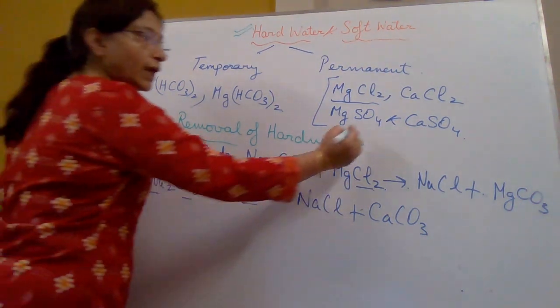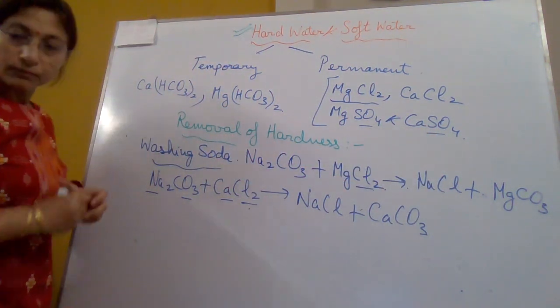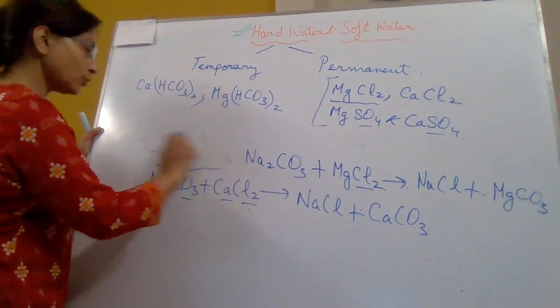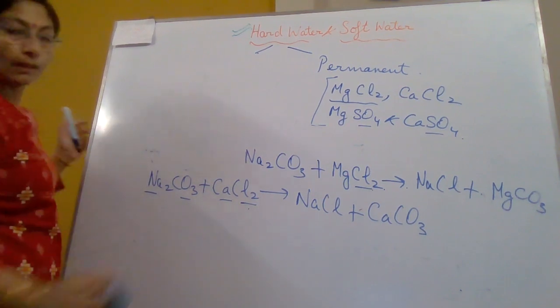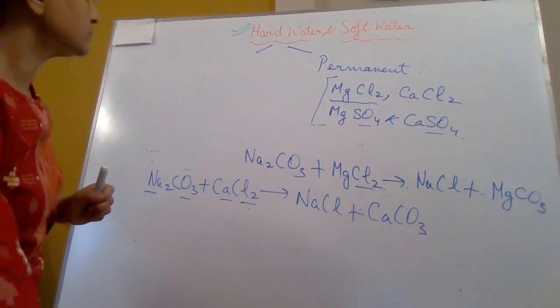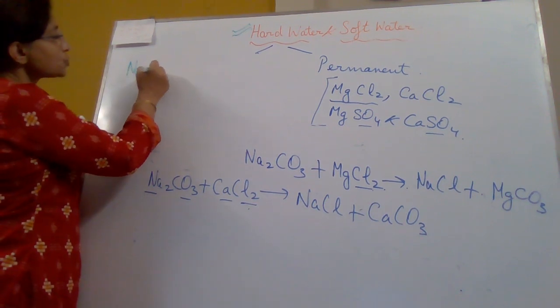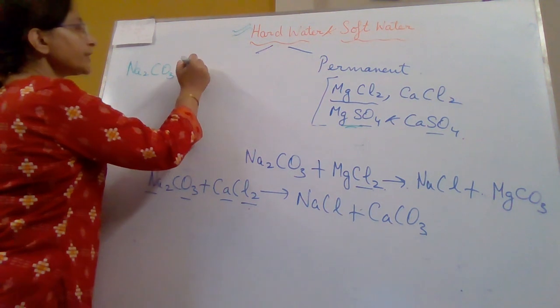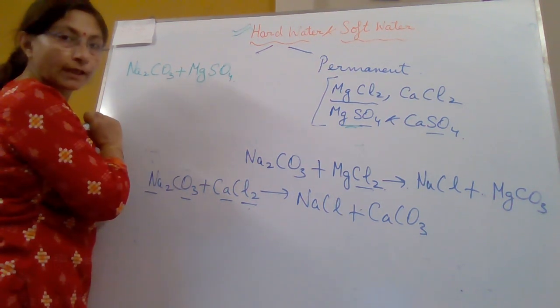Now let us see what will happen to the sulfates of calcium and magnesium. The same type of reaction will occur here also. The washing soda Na2CO3 plus, now the sulfates, MgSO4, correct?